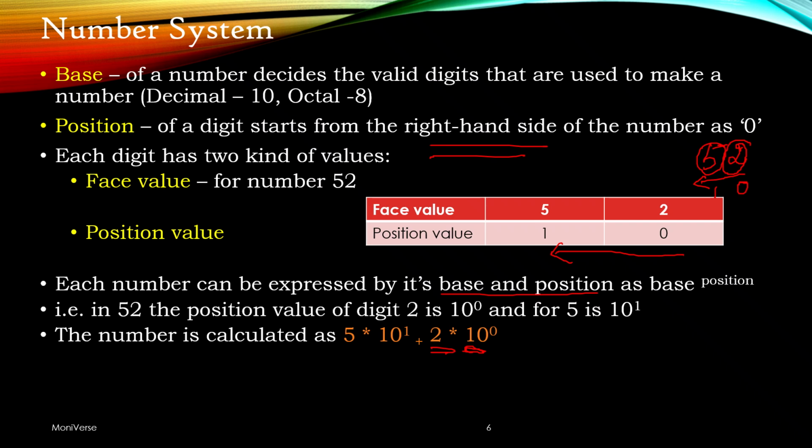So 2 into 10 to the power 0, and for 5 the position is 1, so it is 5 into 10 to the power 1. Now it becomes 5 into 10, and any number to the power 0 is 1, so 2 into 1. So now it becomes 50 plus 2, 52. This is how we calculate a value depending upon the number system we are considering.